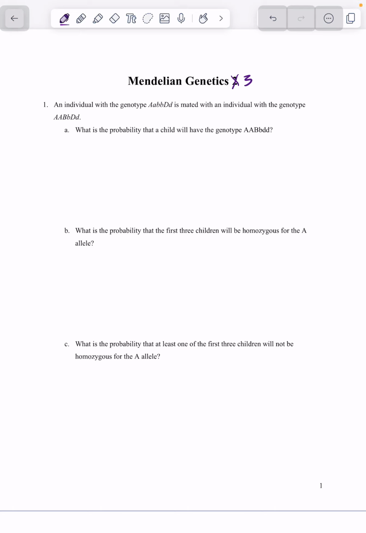Right, number one, with individuals with these genotypes, what is the probability that a child will have the genotype capital A, capital B, lowercase d, lowercase d? All right.